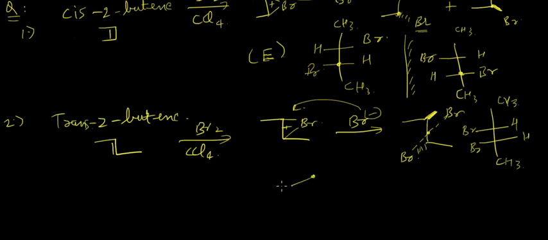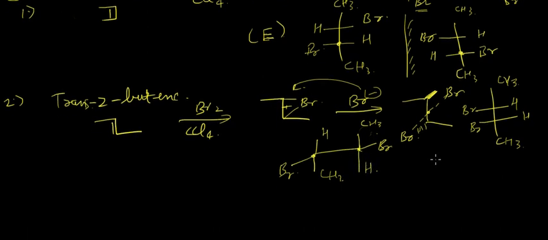So let me write it like this. Br is going like this, CH3 is this, and H is this, and in this case Br is up the plane. So Br is something like this, CH3 is something like this, and H is something like this.